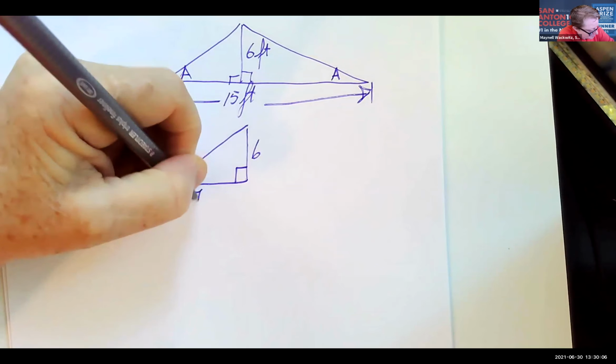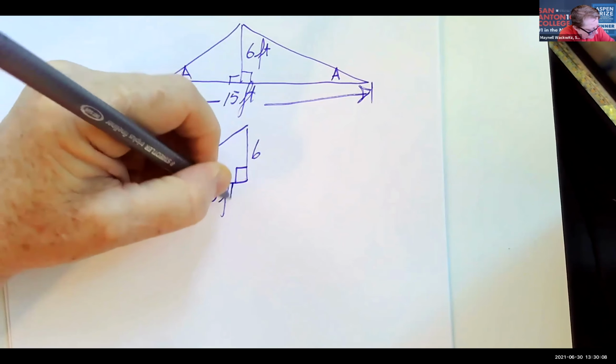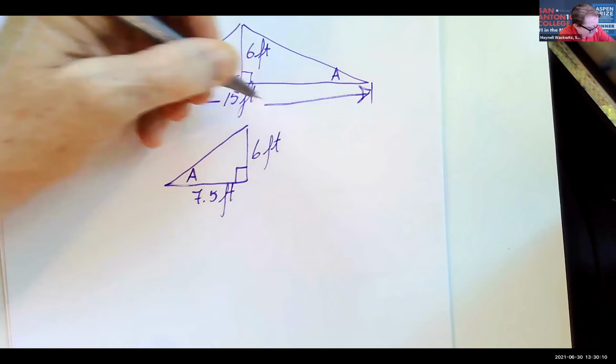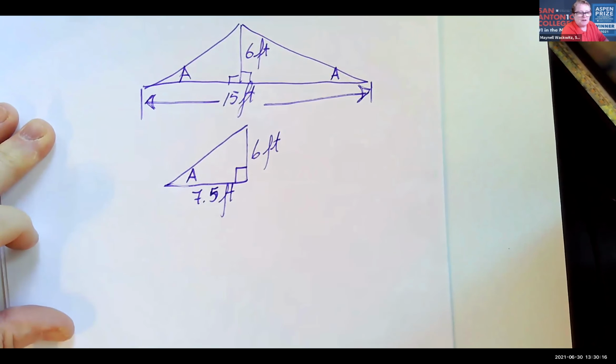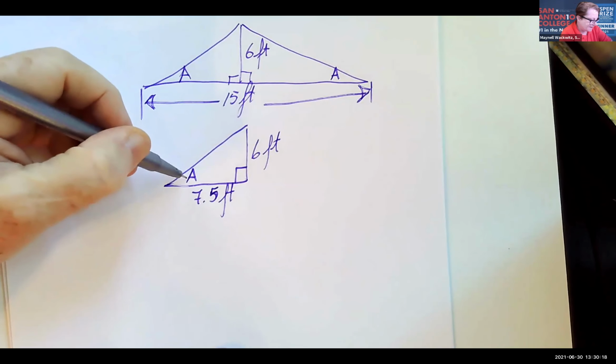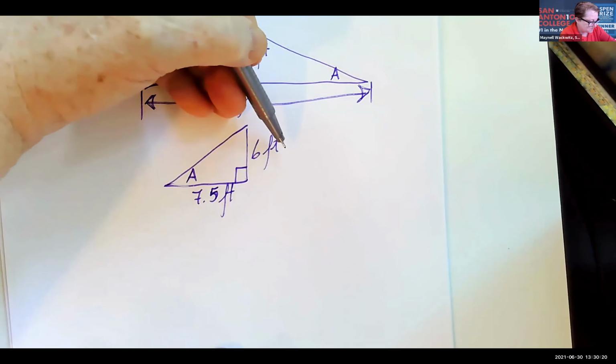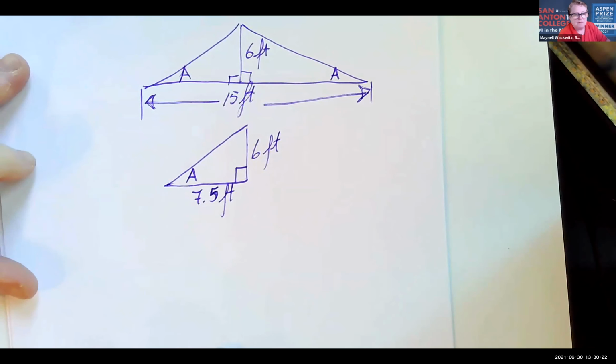Good. So how can we find angle A? In other words, what trig function involves A, the opposite, and the adjacent sides?